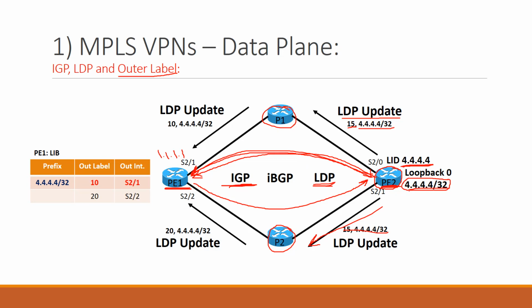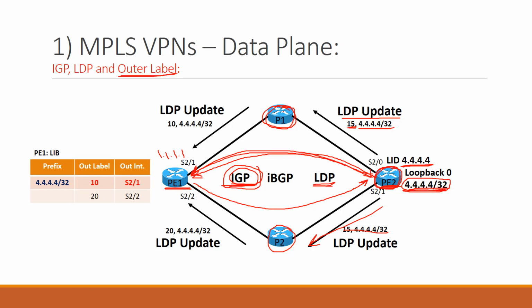Not only this prefix will be assigned a label and advertised by LDP, but all the networks associated to BE2 that will be advertised by the IGP inside the MPLS cloud will be assigned a label, so provider edges can forward the labeled packets based on the outer label.